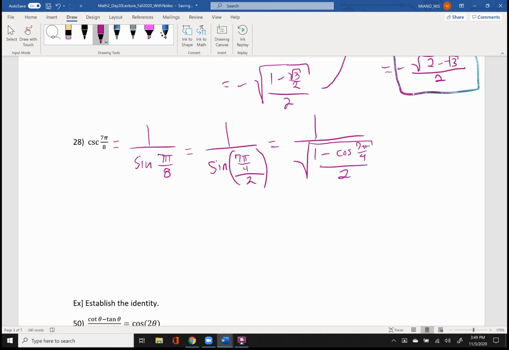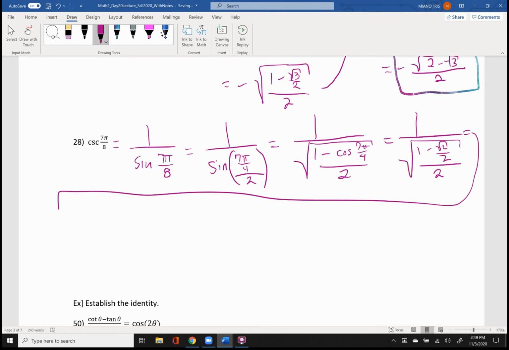The cosine of 7 pi over 4 is root 2 over 2, so let's go ahead and throw that in: 1 minus root 2 over 2, all over 2. So we'll do the usual thing, common denominators, and let's continue this over here.